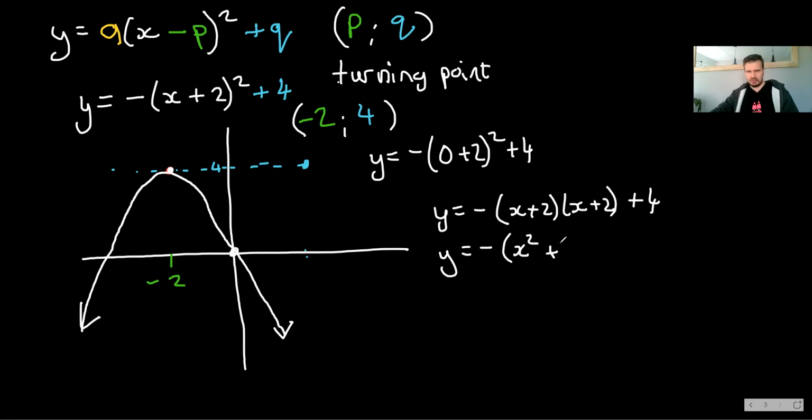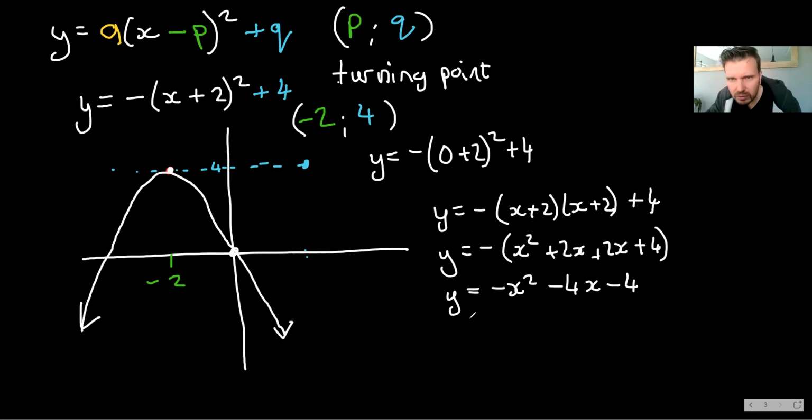X times 2 is 2x. 2 times x is 2x. 2 times 2 is 4. This would be another lesson if you didn't know what I'm doing here. But we'd have negative x squared minus 4x minus 4 when we end up having this. And so this would give us our, oh, and then also we've got to pop this plus 4 on.